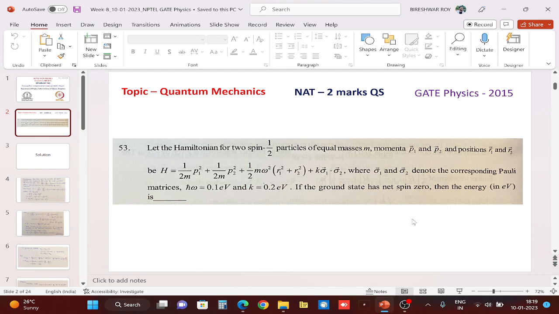What's the first thing that comes into your mind when you have two spins, sigma 1 and sigma 2, and some total spin sigma equals sigma 1 plus sigma 2? We can do it like this: sigma 1 plus sigma 2 whole thing squared, and from that we can get sigma 1 dot sigma 2.